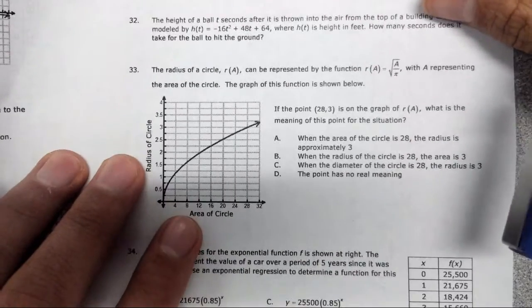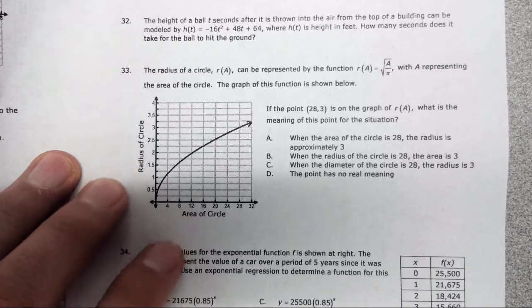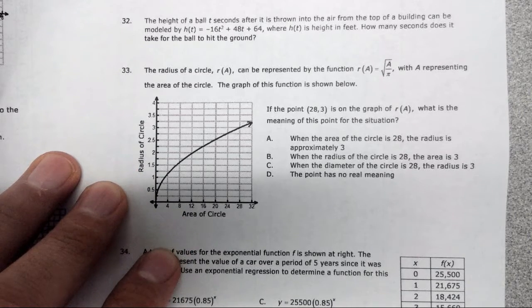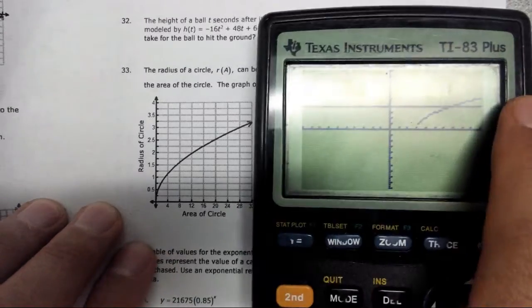Alright, 32. The height of a ball after it has been thrown into the air from the top of a building can be modeled by h of t equals negative 16t squared plus 48t plus 64, where h of t is the height in feet. How many seconds does it take for the ball to hit the ground? Let's use our calculator.